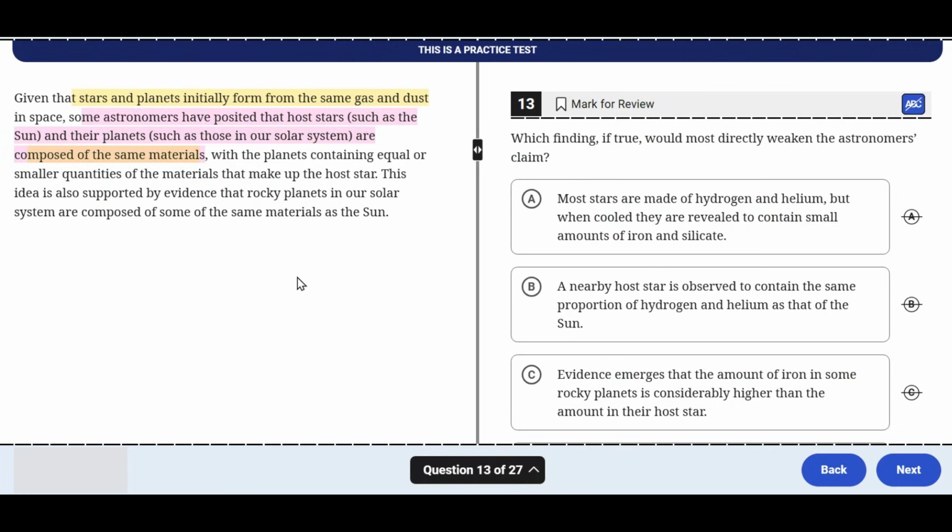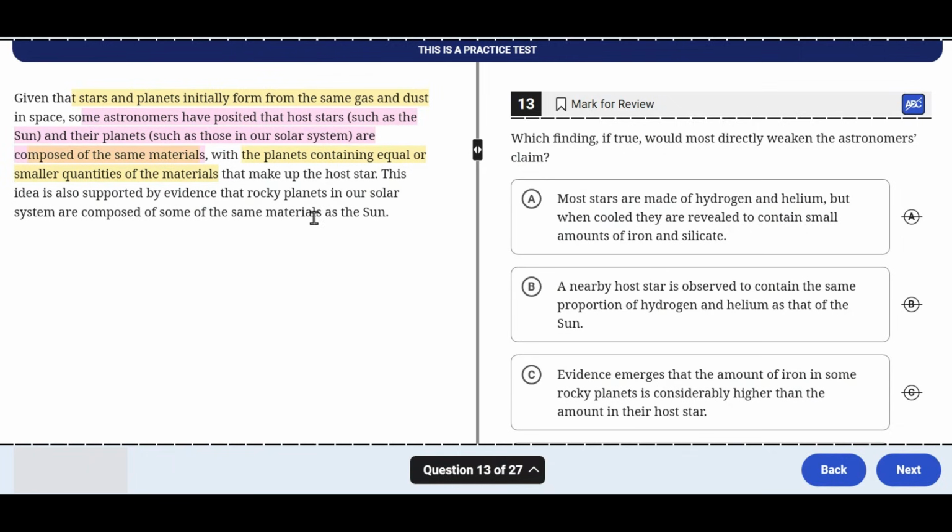Some astronomers have posited that host stars are composed of the same materials, with the planets containing equal or smaller quantities of the materials that make up the host star. This idea is also supported by evidence that rocky planets in our solar system are composed of the same materials as the Sun.